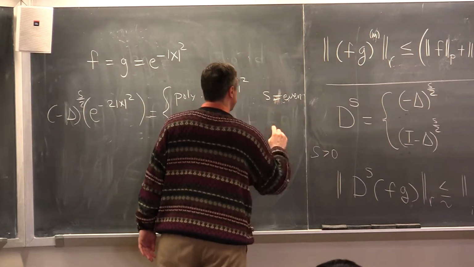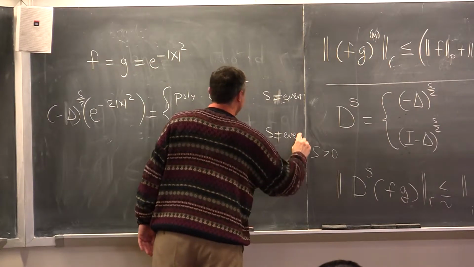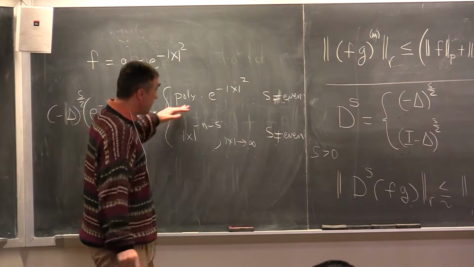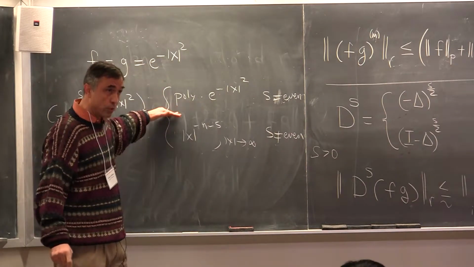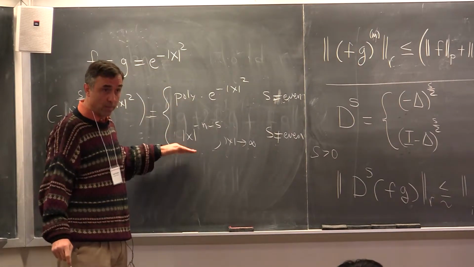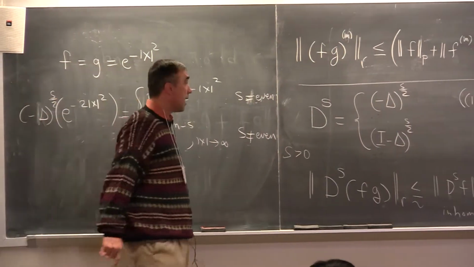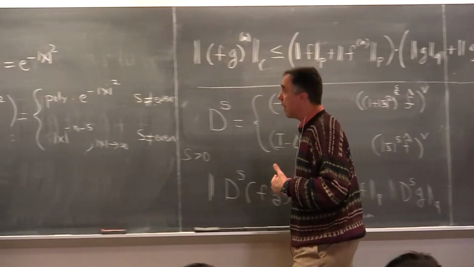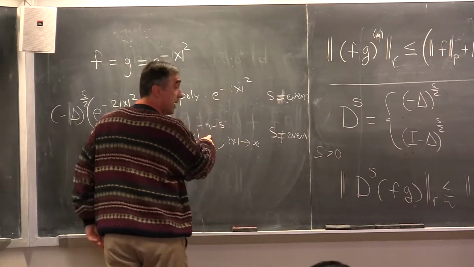Sorry, this is s even, s not even. This is x goes to infinity. If s is even, that is the case where you get a Schwartz function. If s is not even, you get a function that has limited decay, obviously. And so there is this restriction. So you want to say, OK, what will this function be in LR?